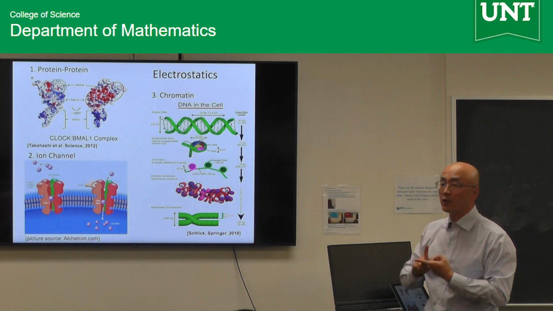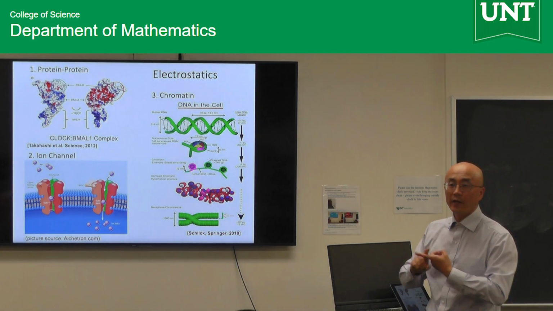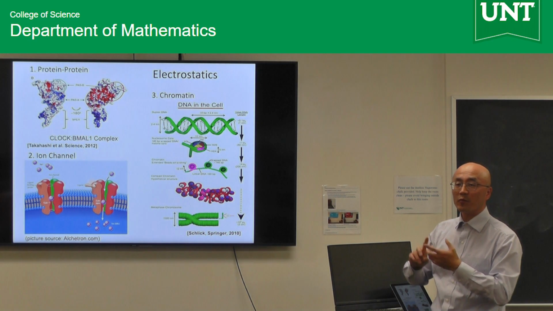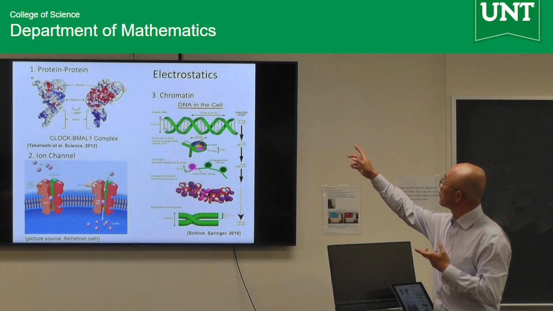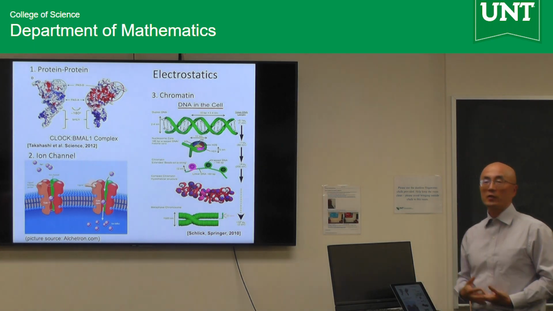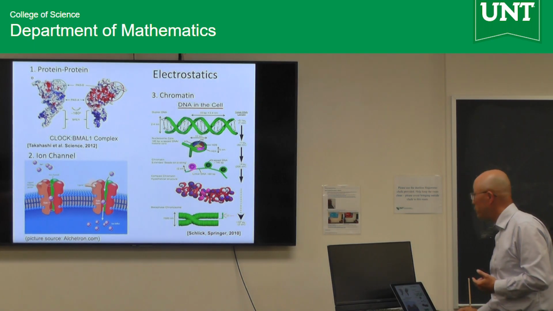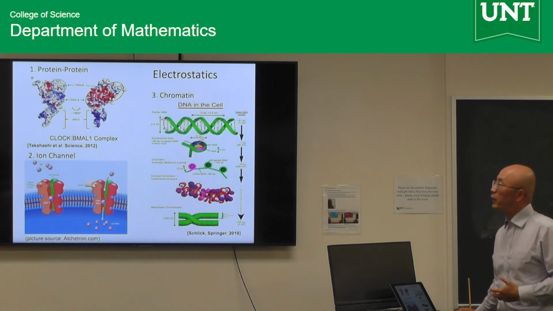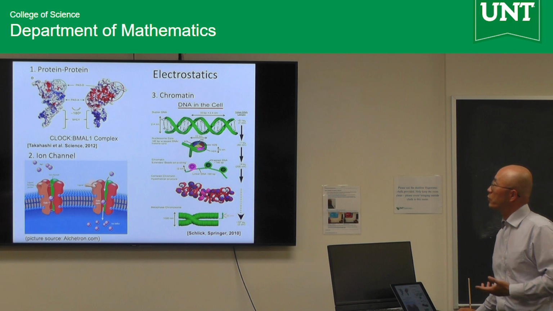It's inside the nucleus of the cell, a tiny space. This very delicate folding procedure is also significantly affected by electrostatics. So these are examples of how important electrostatics is in the simulation of molecules, at the small molecule scale.